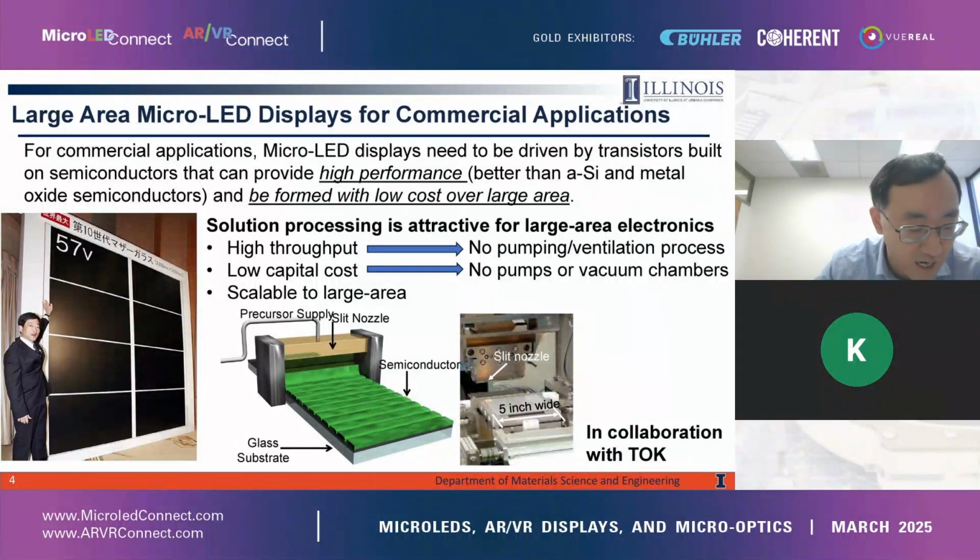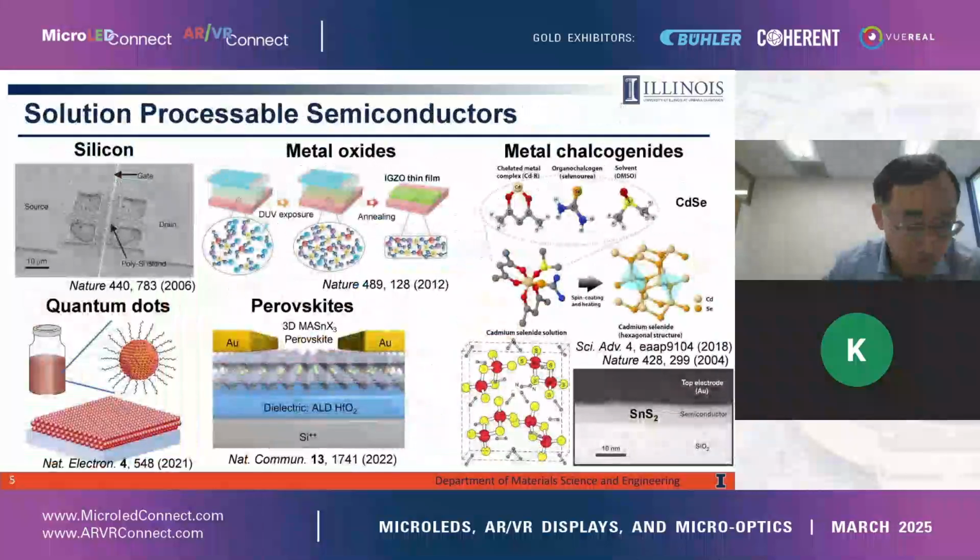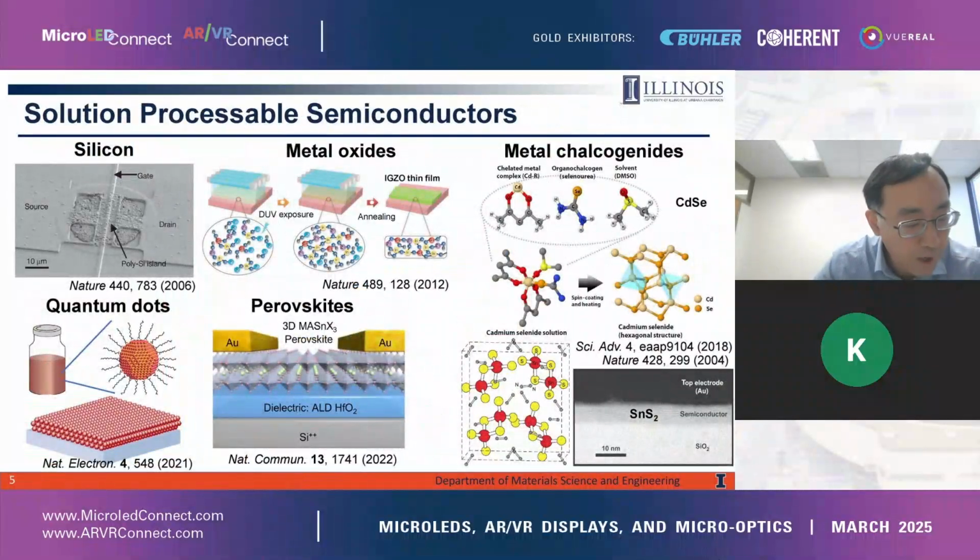For this large area electronics, it is highly desirable if the semiconductor material itself can be deposited from solution with high throughput, low capital cost, and excellent scalability using techniques, for example, slit casting. People have been exploring solution processable semiconductors for many years.